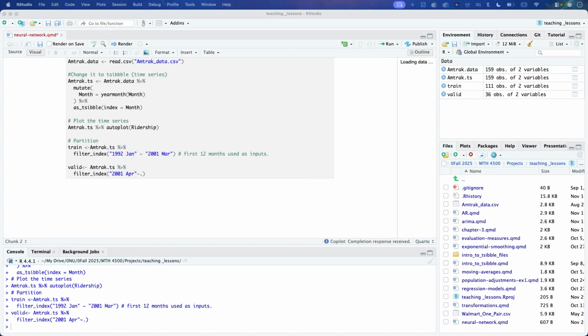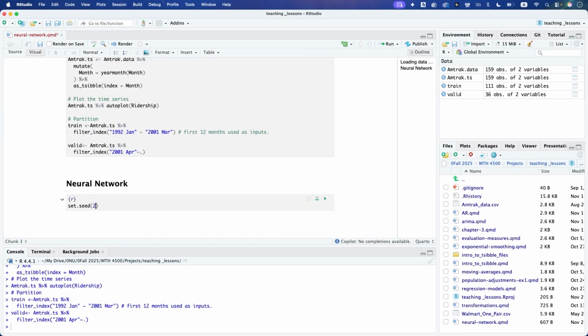The second thing we're going to do: if you want a neural network, let me just write this down. For you to follow along, we are going to set the seed equal to 201. Any number works, but we choose a specific number, all of us, so we can get the same results. Why is that? Because the neural network will be used to create bootstrap samples of the time series.